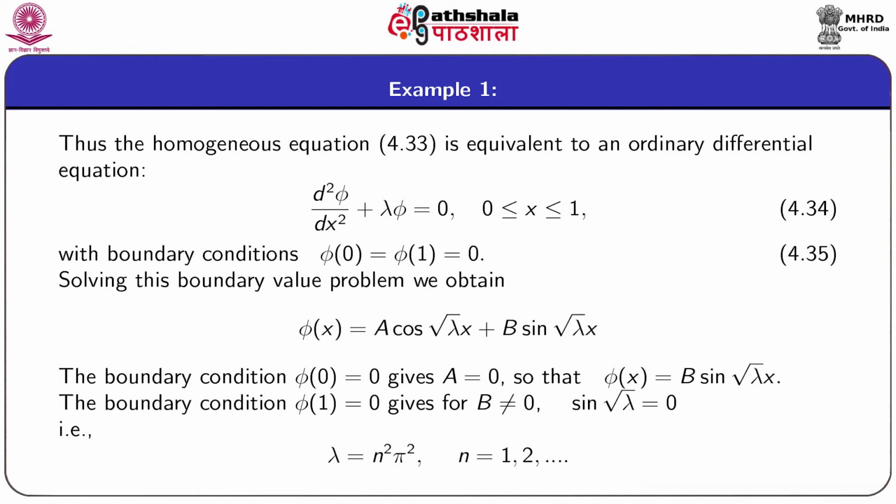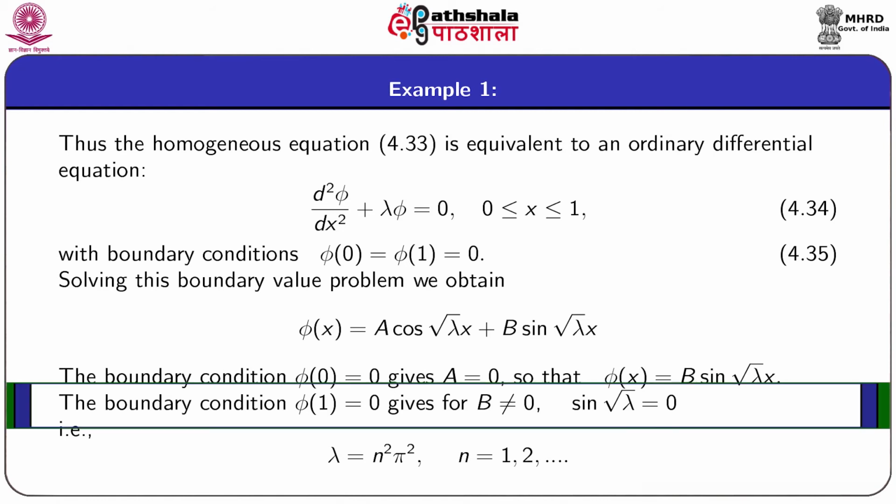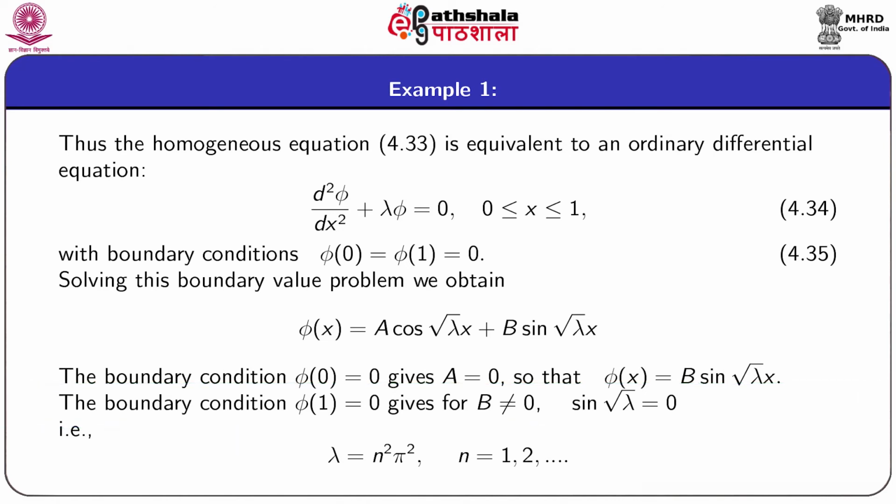Now we apply the second boundary condition, φ(1) equal to 0, and this gives, for B not equal to 0, sin √λ equal to 0, because we are not interested in the trivial solution.